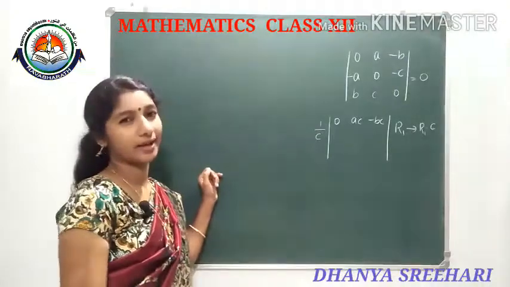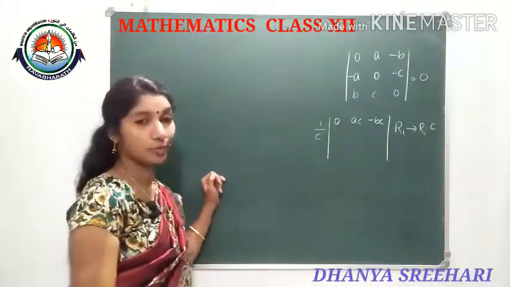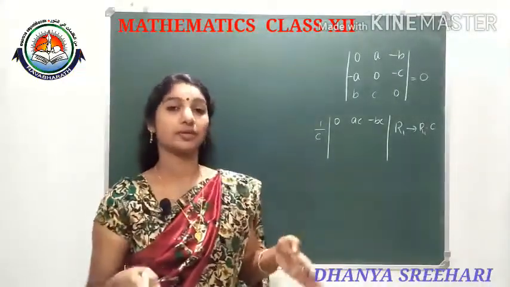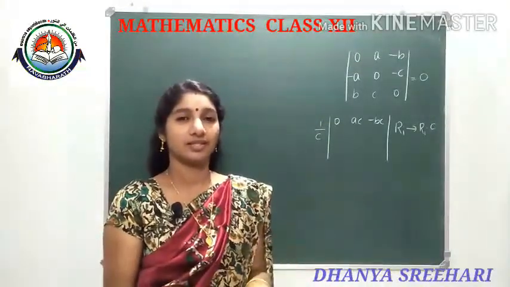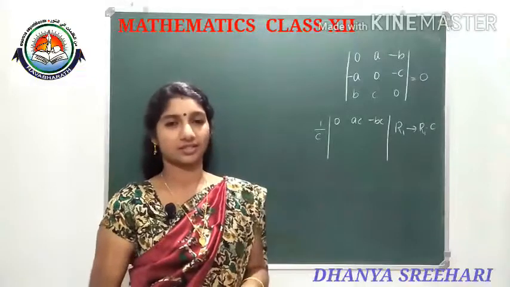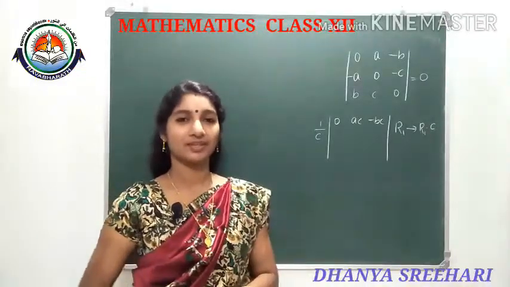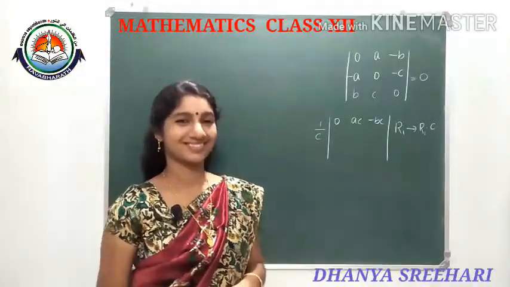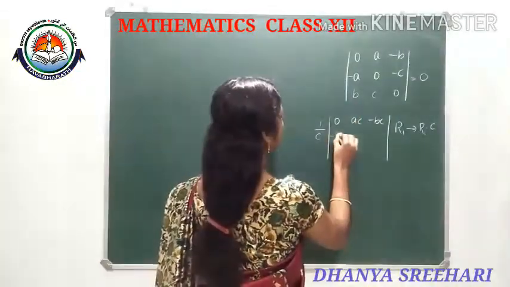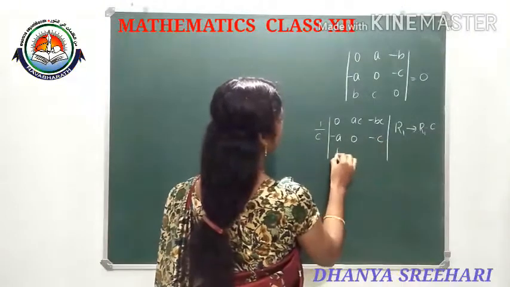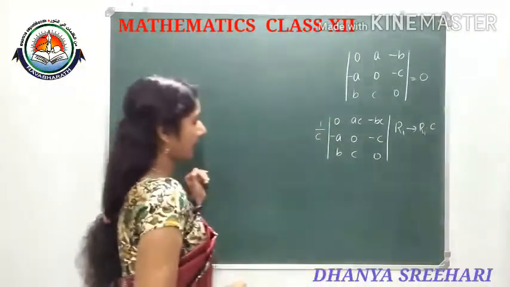Some tricks we are applying, means to make the calculation of the determinant value very simple, a shortcut by using the properties. Okay. So it will come, second row no change, minus A 0 minus C, B C 0.